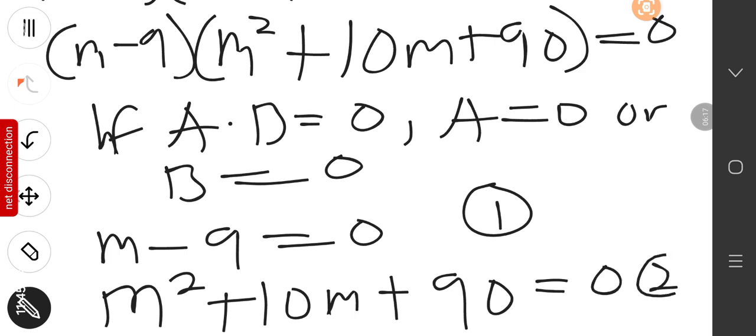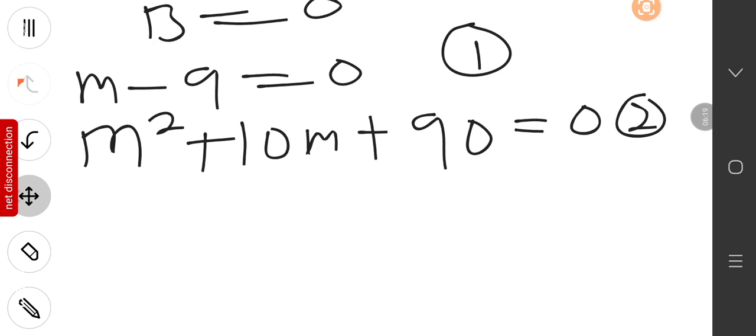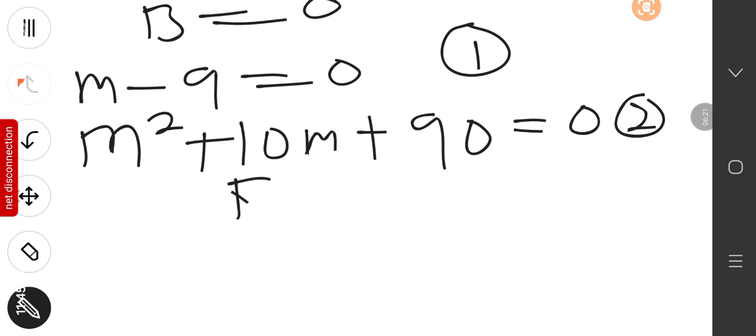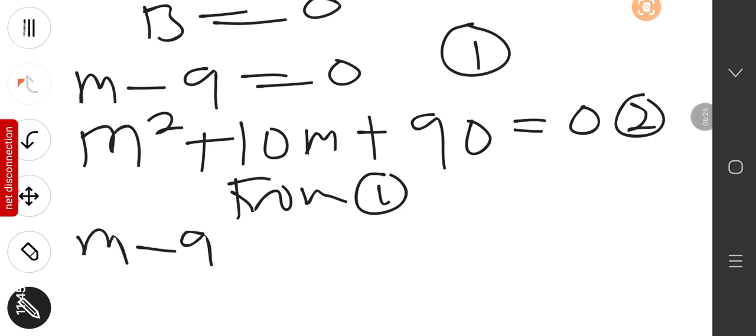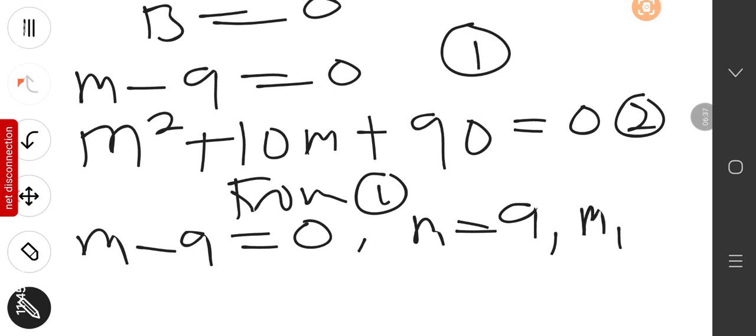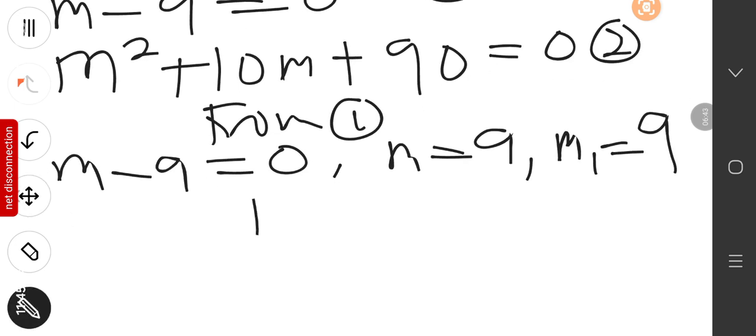Let's call this equation 2. So from equation 1, m minus 9 equals 0, so m equals 9. Let's call this m1 since we are expecting other solutions. So m1 is 9.